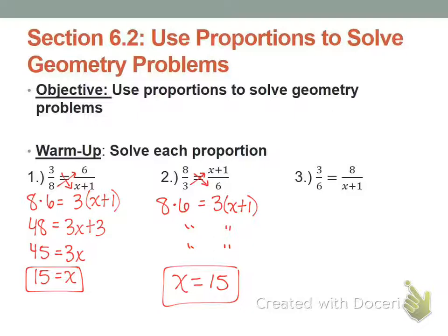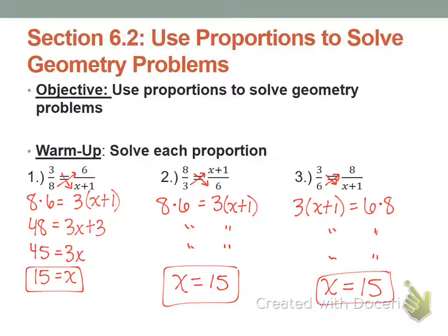Looking at number 3, what do we notice? Same thing again. If you wanted to on this one, you could put the 3 times (x plus 1) on the left and 6 times 8 on the right. But really, it's the same thing. You're still multiplying the same stuff together, setting the same stuff equal to each other, and you should have gotten x equals 15 again.